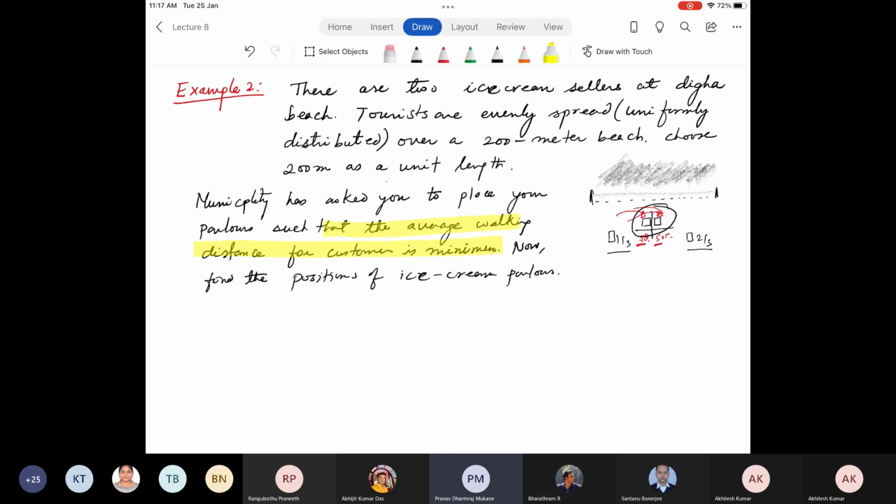Okay. So ideally we need to formulate it, right? Logically speaking, what you're saying is right. But both the ice cream parlors are identical in nature, and more importantly, try to understand the tourists are uniformly spread throughout the beach.